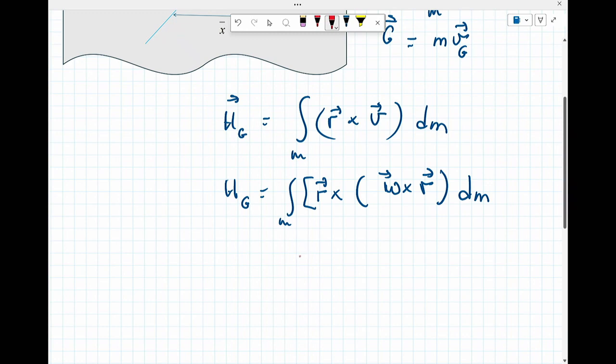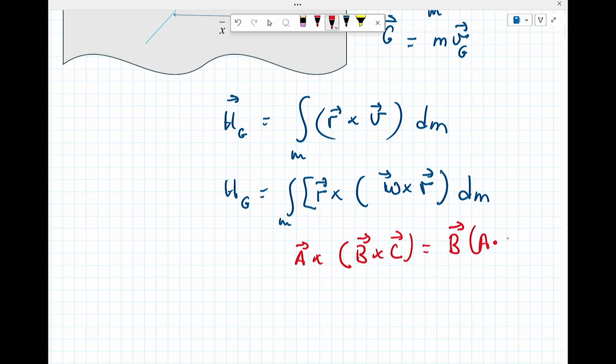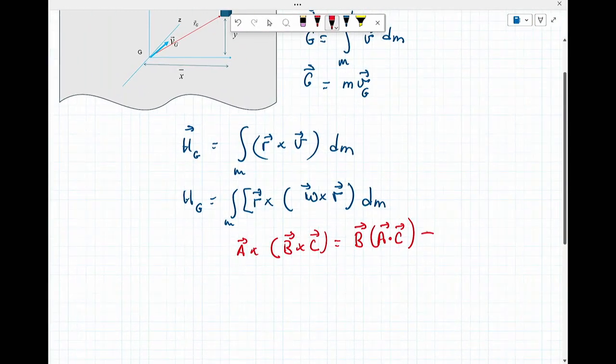Recognize that A crossed with B crossed with C is equal to B times A dotted with C, minus C times A dotted with B. So I have an equation where A is r and C is r and omega is B. So I can start to substitute back in.